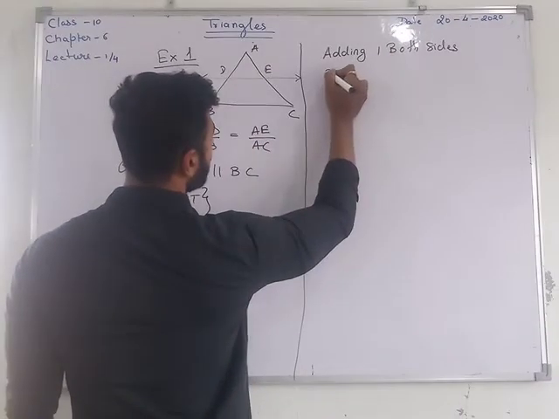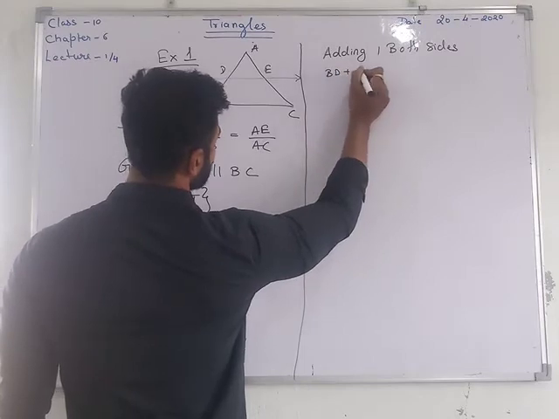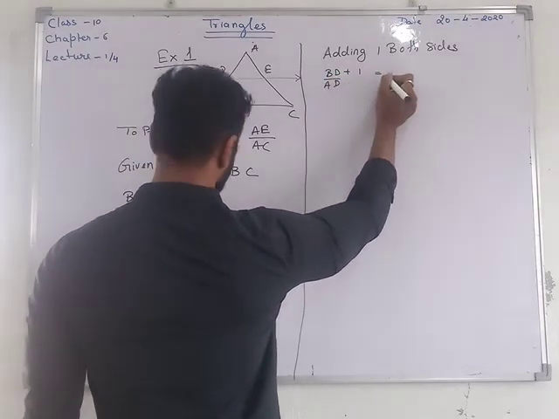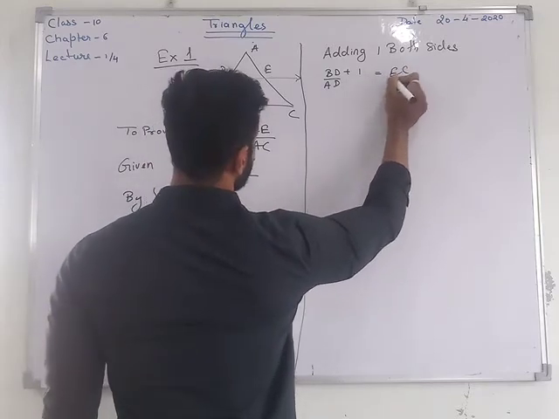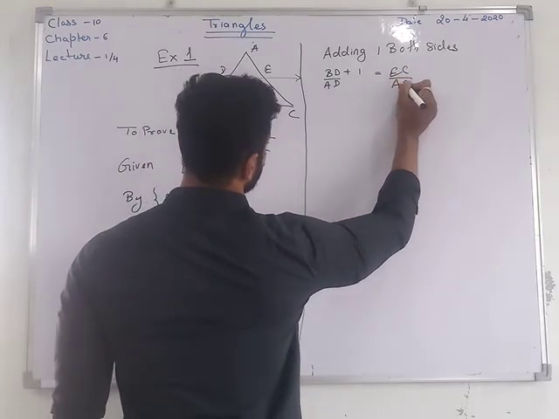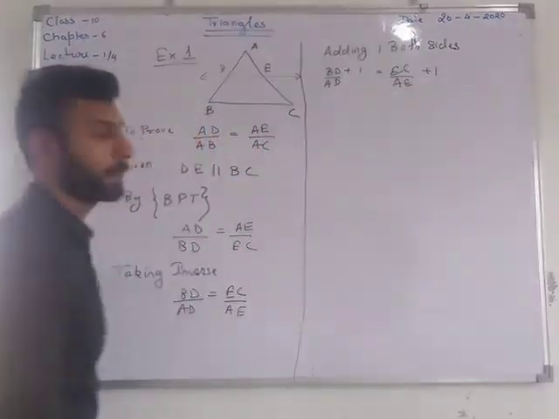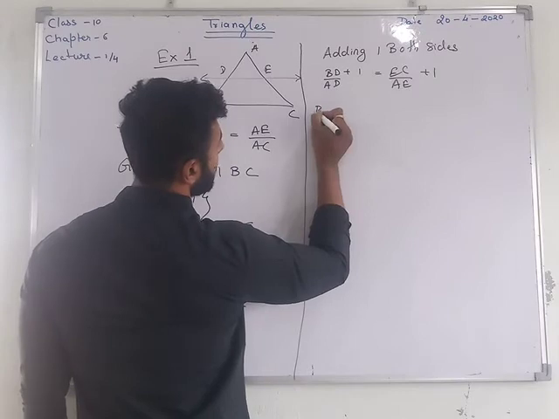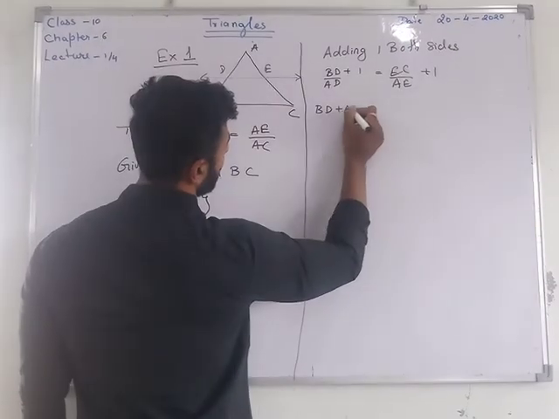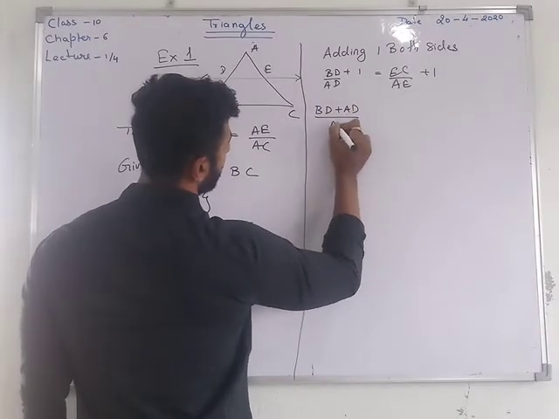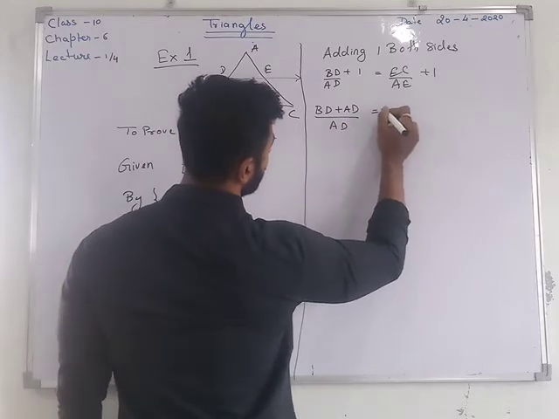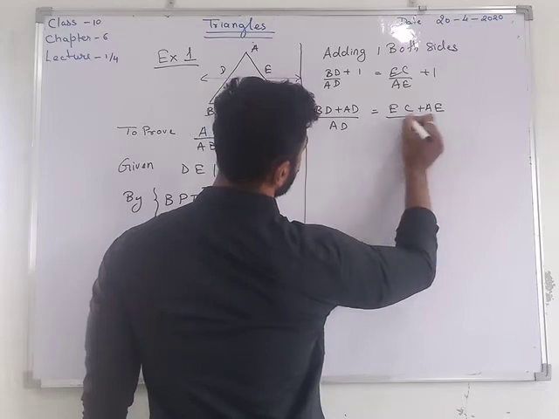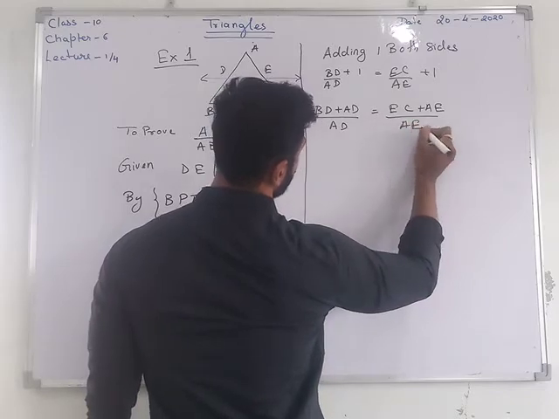So it will be BD plus 1 upon AD is equal to EC upon AE plus 1. Now cross multiplying this, we are getting BD plus AD upon AD is equal to EC plus AE upon AE.